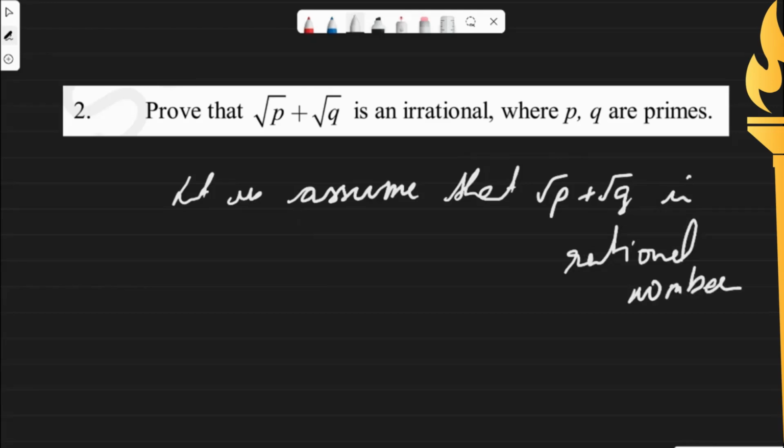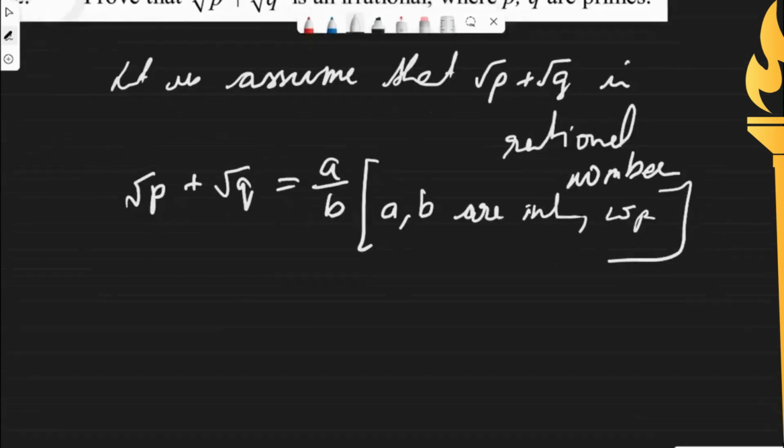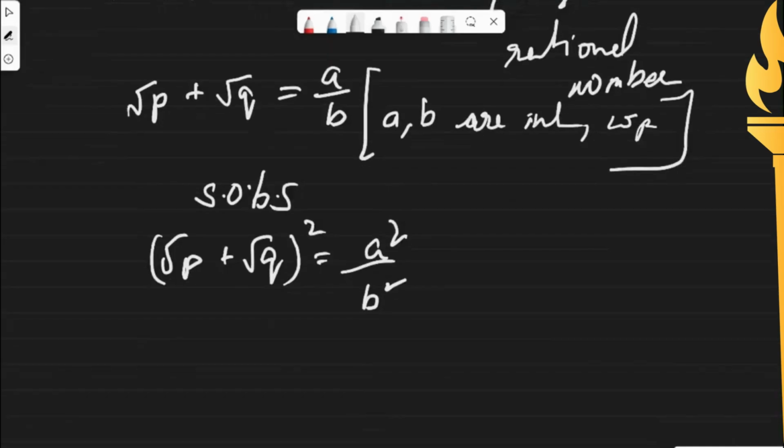Next, since root p plus root q is rational, root p plus root q is equal to a by b. Similar to the above questions, a and b are integers and co-primes. So, similar to the third question, squaring on both sides, root p plus root q whole square equals a square by b square.